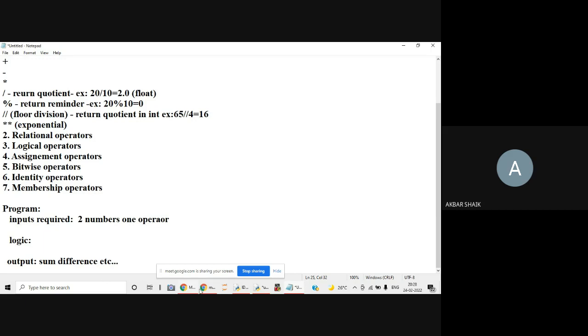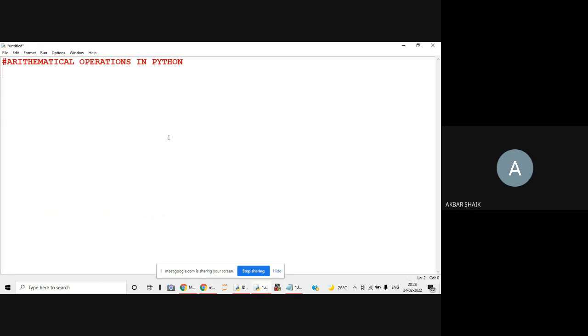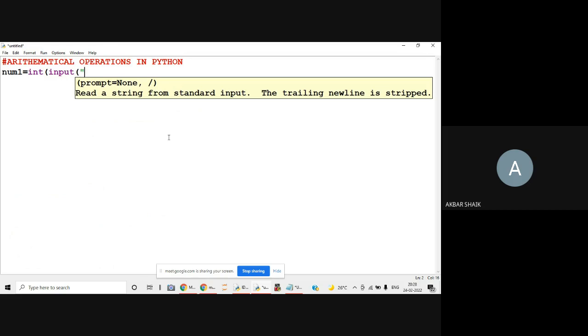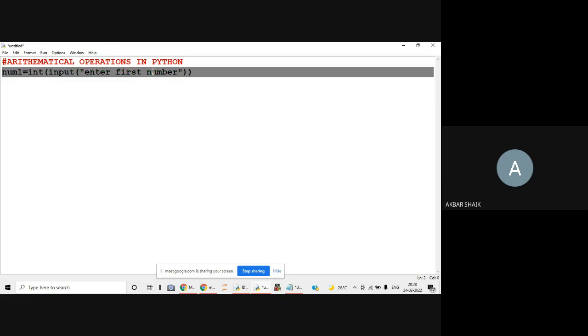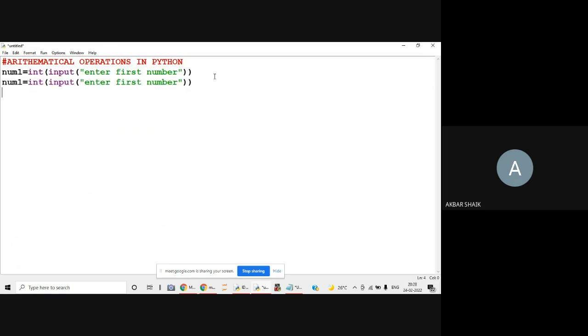So first thing is I need two numbers. I'll read the two numbers. I can call it number one is equal to input of enter first number. Okay, so this is number one. Similarly, I can take number two.